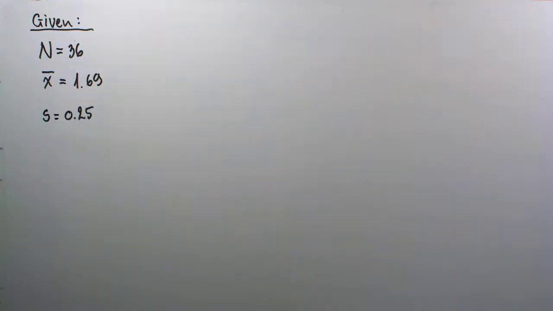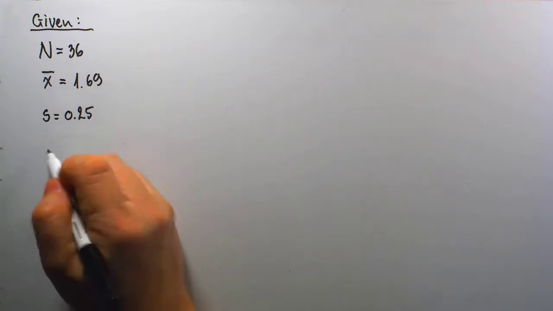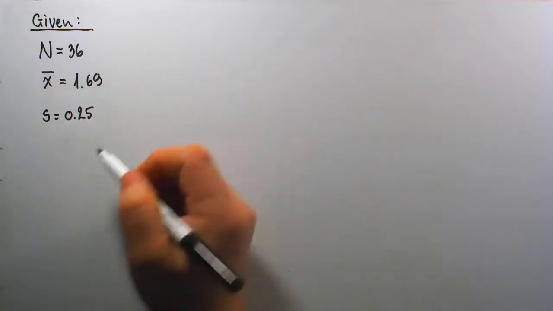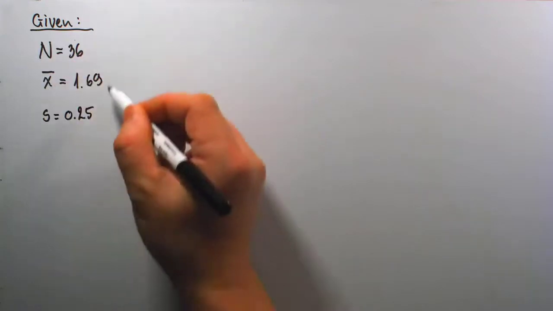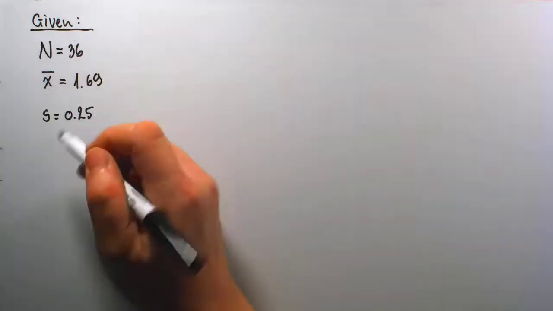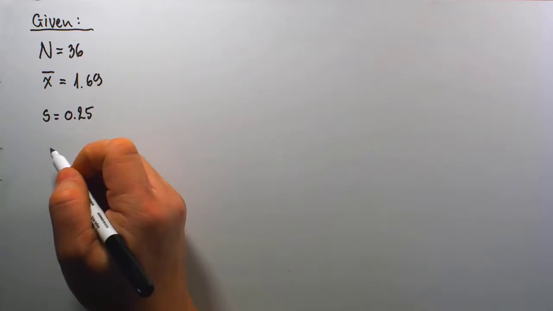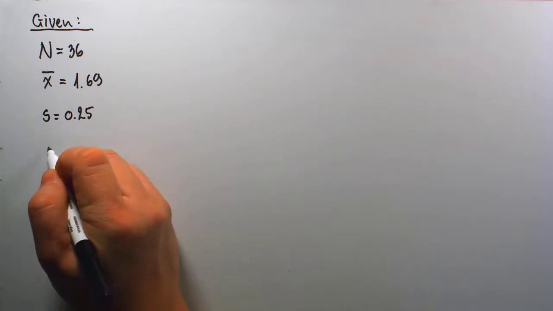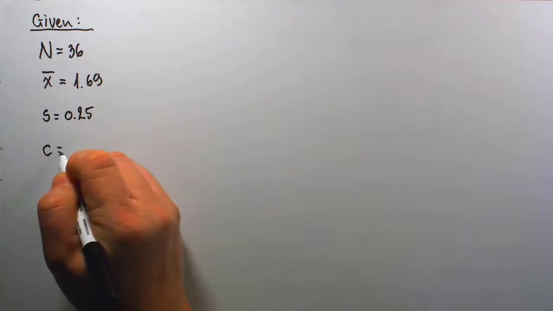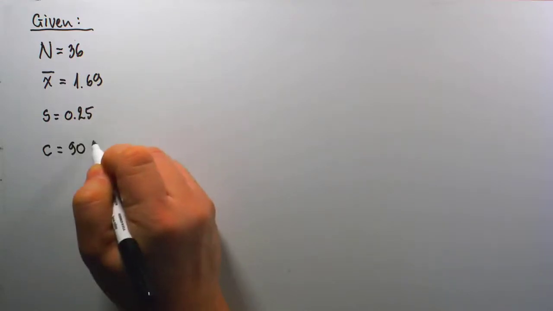Okay. Now, another piece of given information that's outside of our described sample is that the problem asked us to find a confidence interval at a given confidence level of 90%.